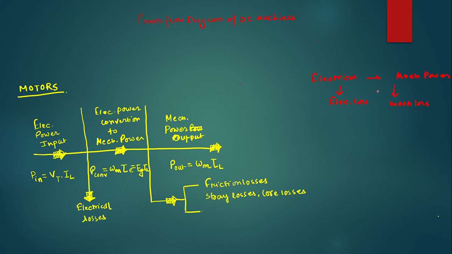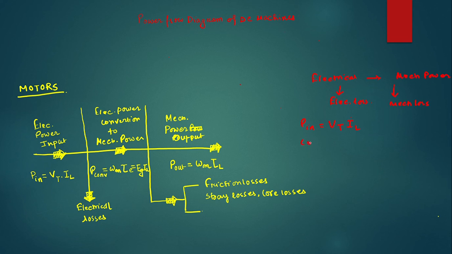So here we can write that P input is equal to Vt into IL, which is actually the output in the previous part for generators.